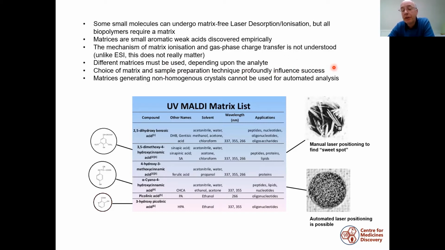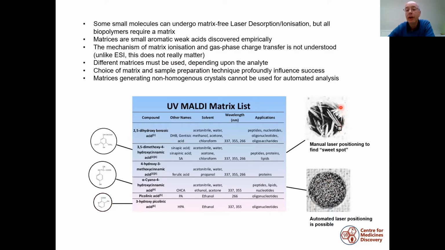And there is another aspect about matrix crystals, and I've shown it on this slide here. This is a very popular matrix. This is alpha cyano. It's very widely used, and you can see it gives you uniform crystals. So wherever the laser spot lands on this sample target doesn't really matter because you're going to get the same signal.